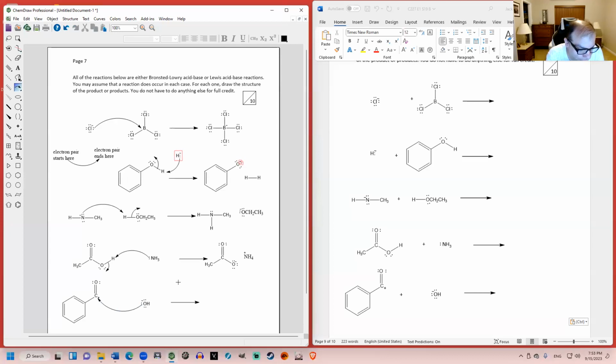Something like that. And the result is going to have a new bond between the carbon and the oxygen.